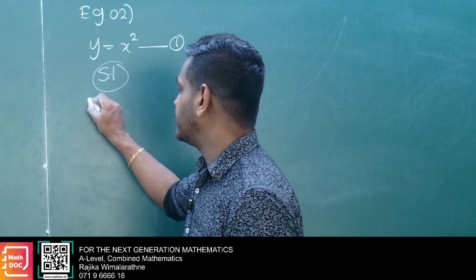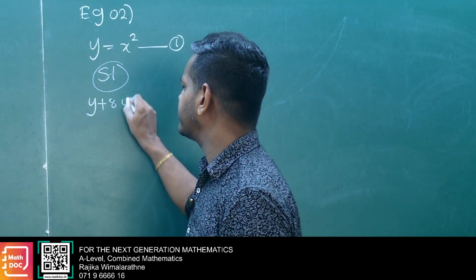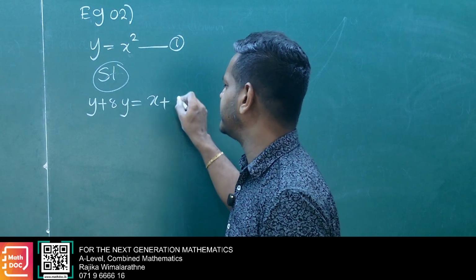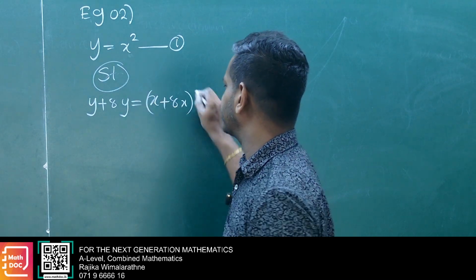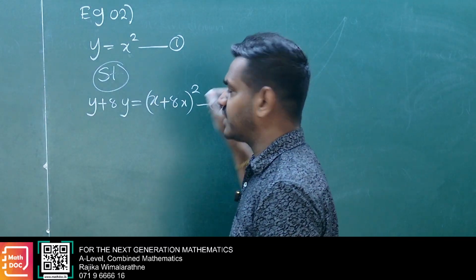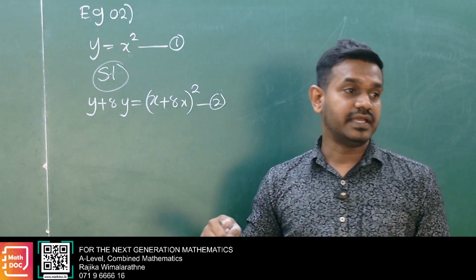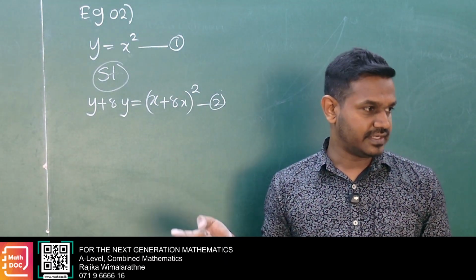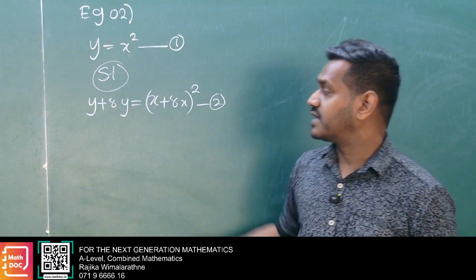Then y plus delta y. You replace x by x plus delta x and y by y plus delta y. Now you subtract 2 minus 1.